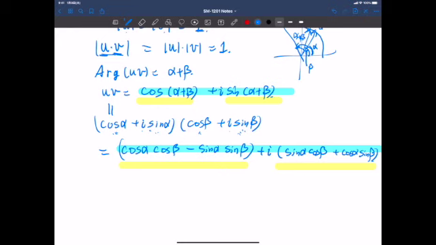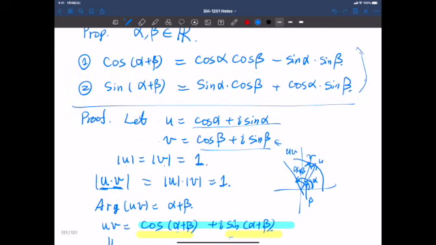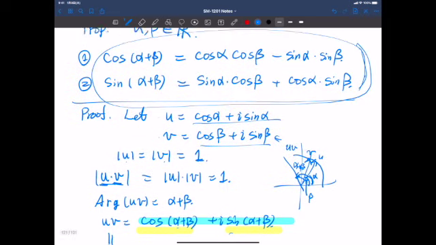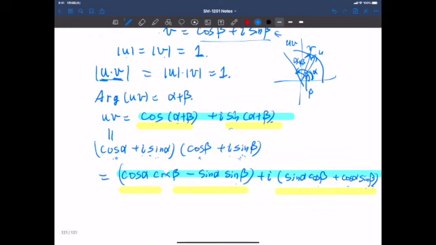Therefore cosine alpha plus beta is equal to cosine alpha times cosine beta minus sine alpha times sine beta, and sine alpha plus beta is equal to sine alpha times cosine beta plus cosine alpha times sine beta. That proves this formula.